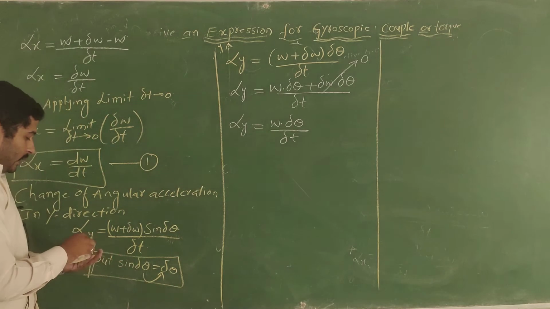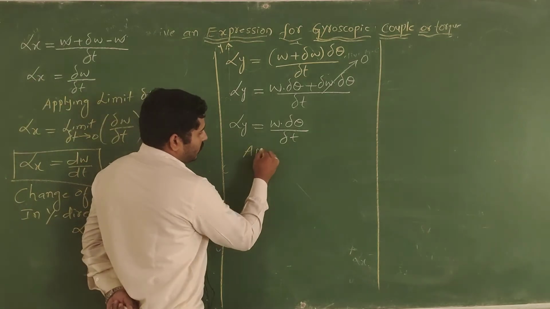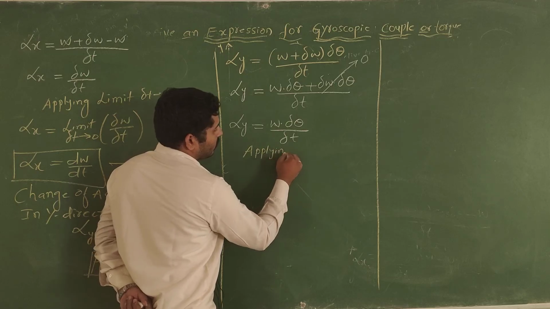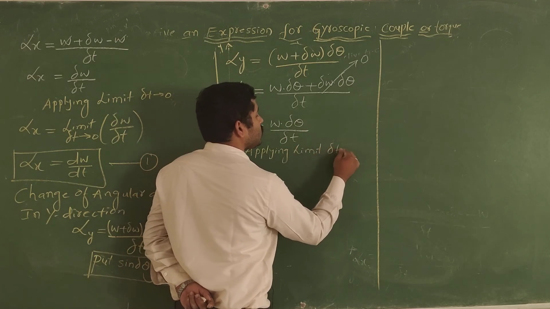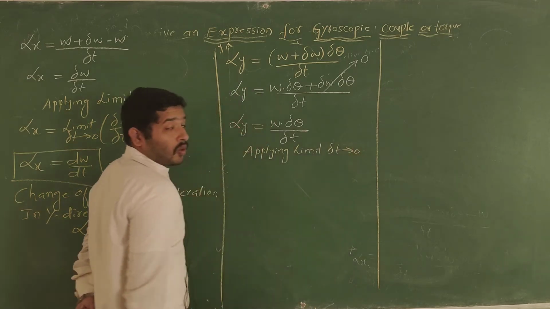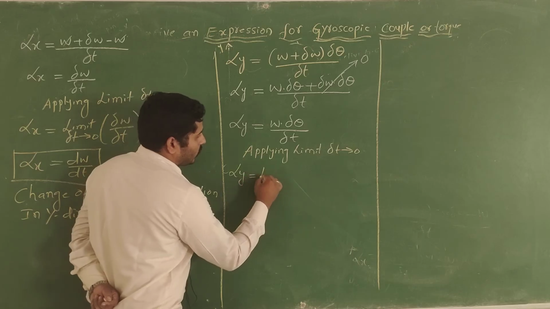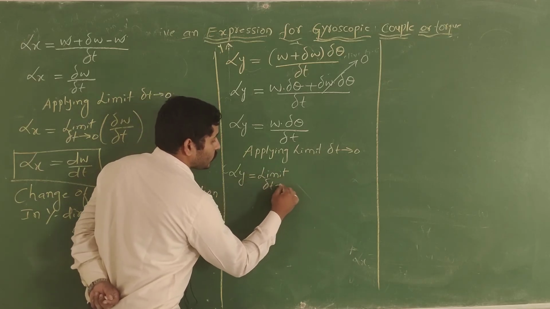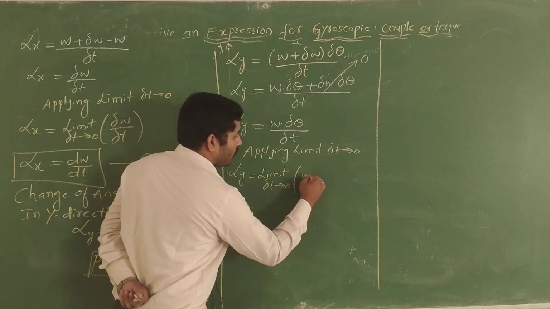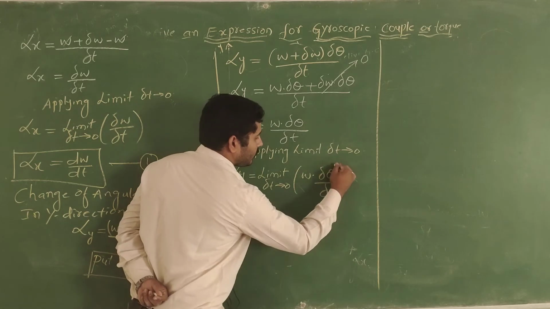Okay dear, then again we need to apply the limit, delta t tends to 0. Alpha y equals limit delta t tends to 0 of omega into delta theta by delta t.